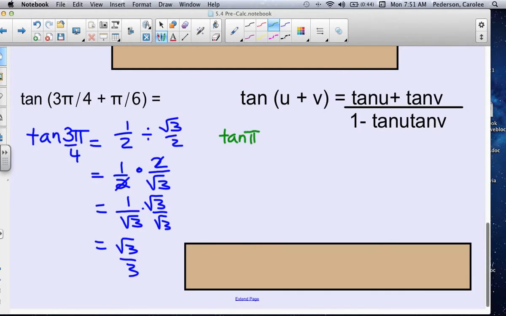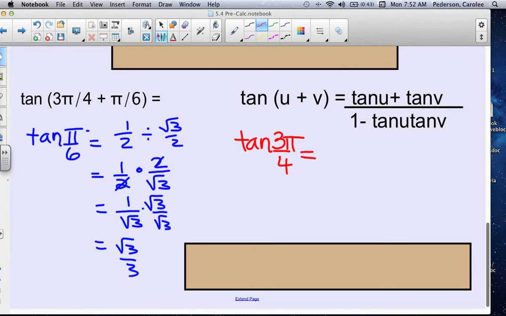Now we have to find out what is the tangent of 3 pi over 4. So again, we take sine over cosine. Sorry, a little mistake here. That one was the tangent of pi over 6, and this one that we're going to do next is the tangent of 3 pi over 4.